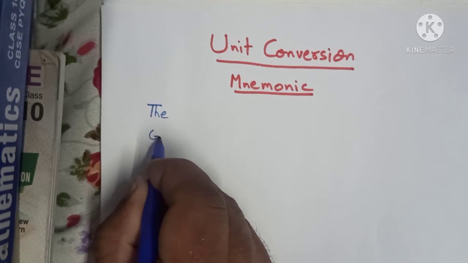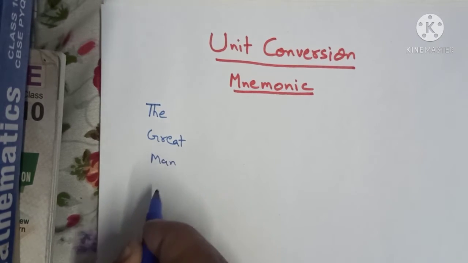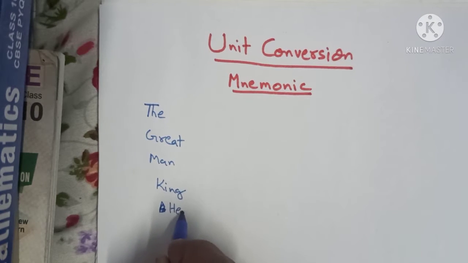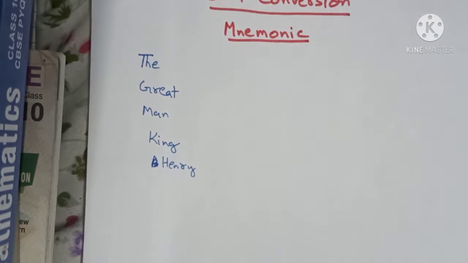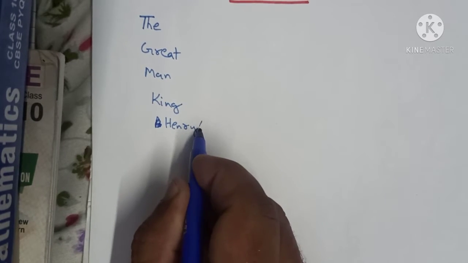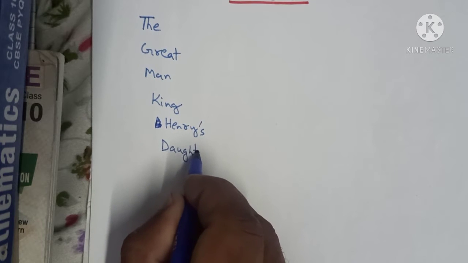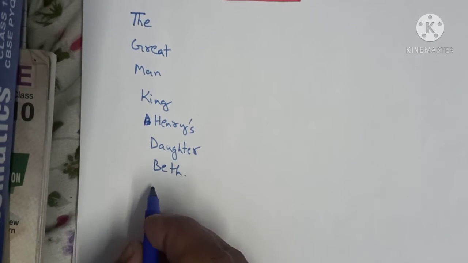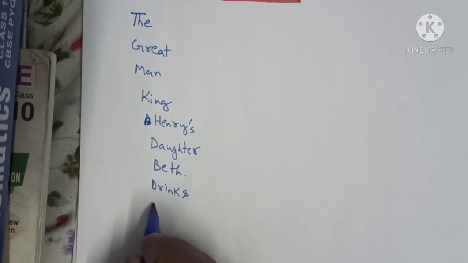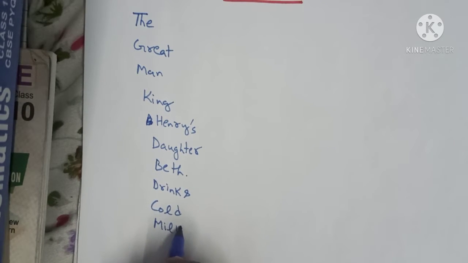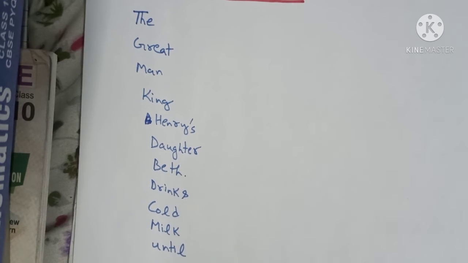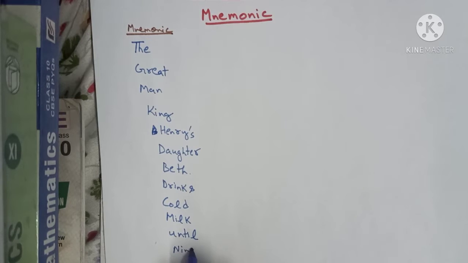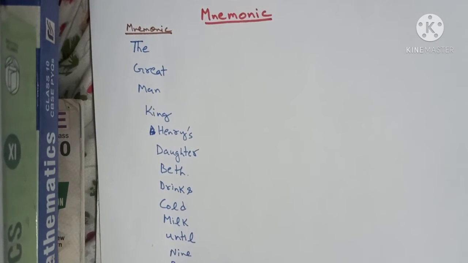The great man, King Arthur, the great man King Henry, the great man King Henry's daughter Beth drinks cold milk until 9 p.m. Simply, you have to learn this mnemonic only.